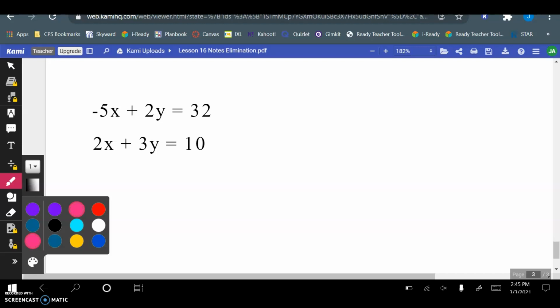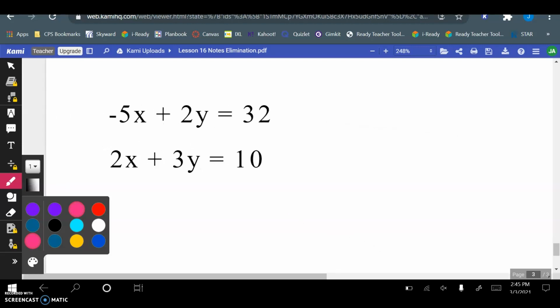All right, one more here. I can choose to make the x's 10s or the y's 6. I'm going to pick the x's this time because one's positive and one is negative. So I want this to be a 10, so it's got to be multiplied by 2. I want that to be a 10, so it's got to be multiplied by 5.